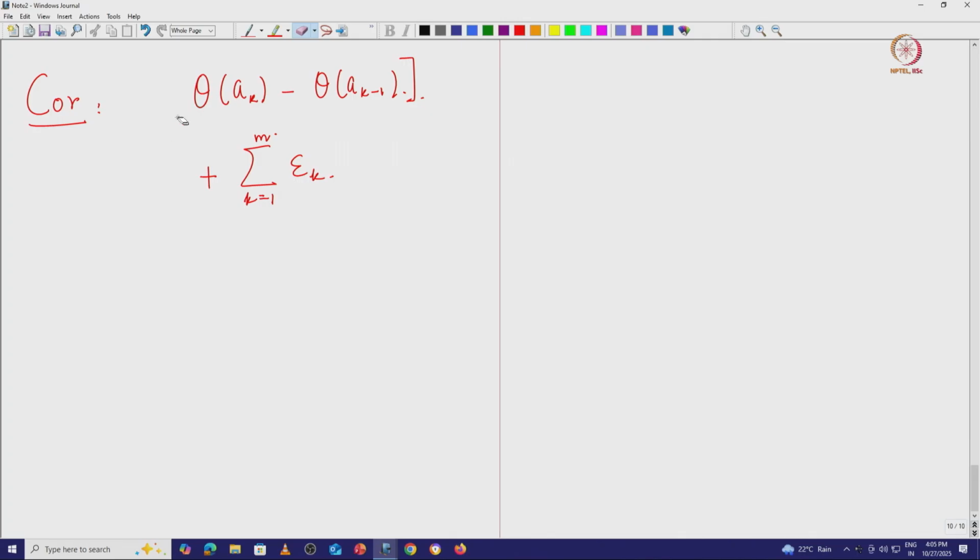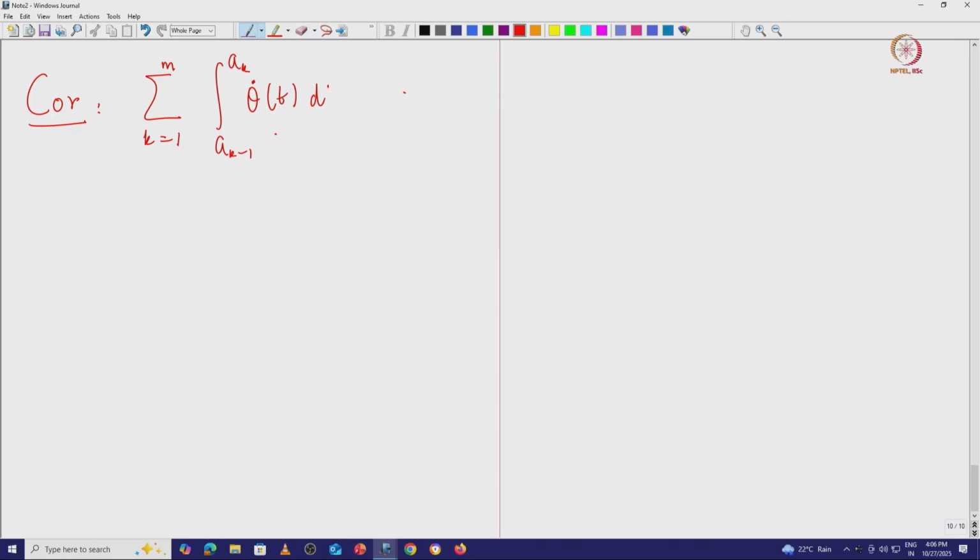So let me just state the corollary. As a corollary we obtain the following, that if you take the summation k going from 1 to m of the integral from a_{k-1} to a_k of theta dot, plus all the external angles, then that is 2 pi. Okay, and the proof is now easy.